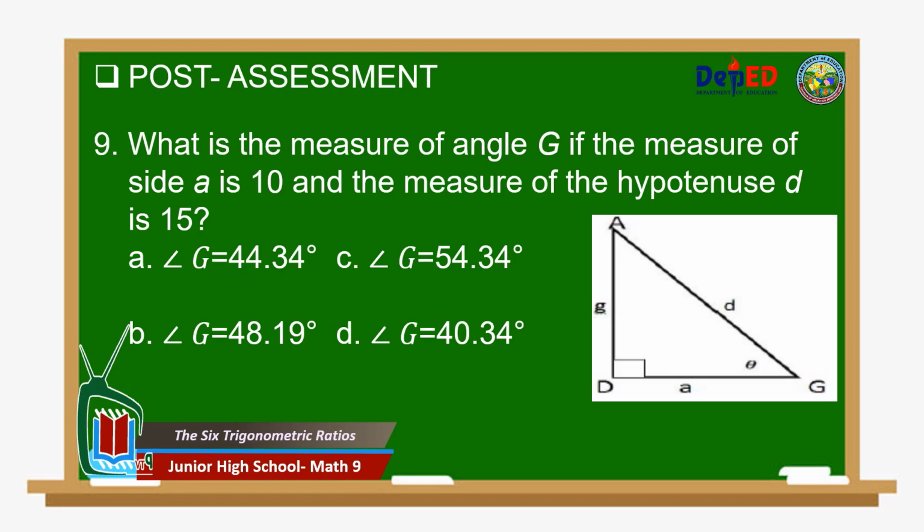What is the measure of angle G if the measure of side A is 10 and the measure of the hypotenuse D is 15? A. 44.34 degrees. B. 48.19 degrees. C. 54.34 degrees. Or D. 40.34 degrees.